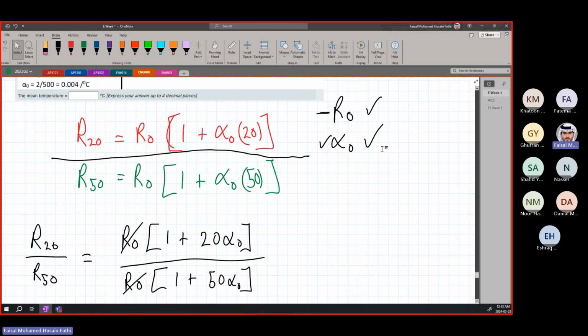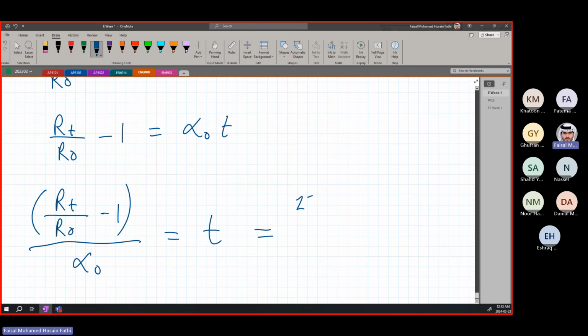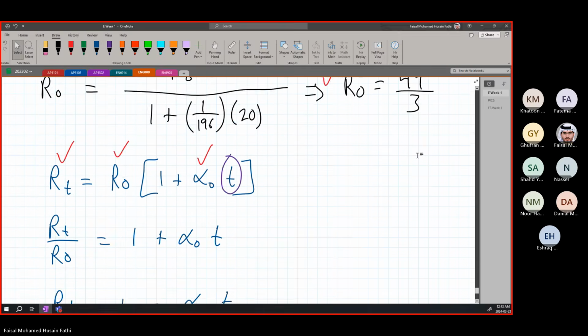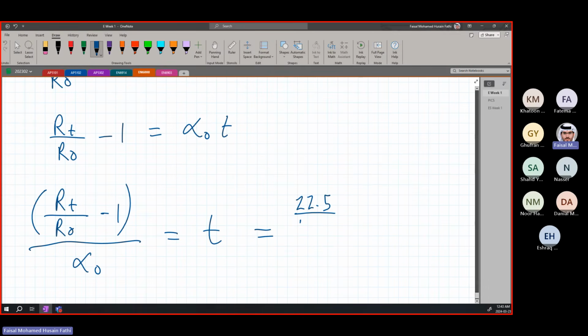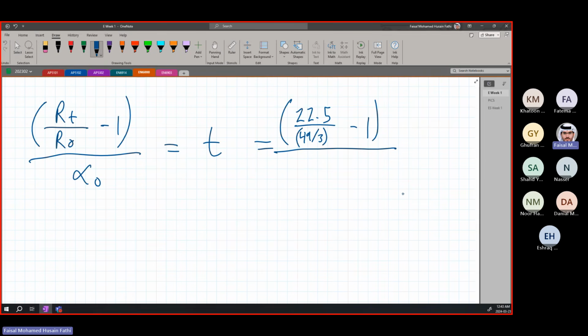RT is given to be 22.5. R0, we found it to be 49 divided by 3. So 49 over 3, minus 1, all divided by 1 over 196.